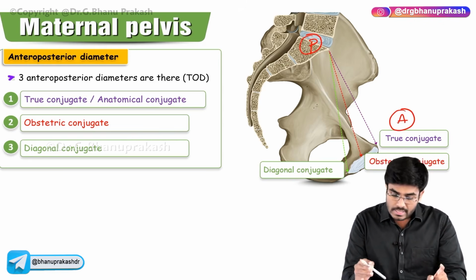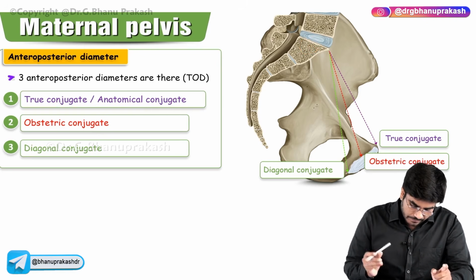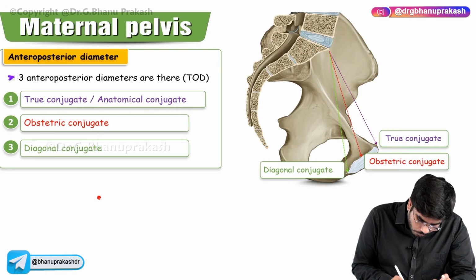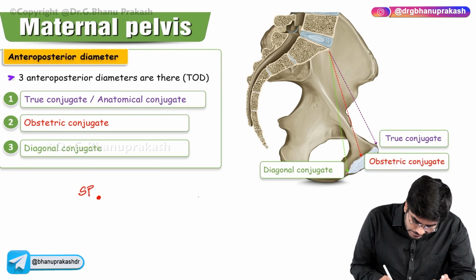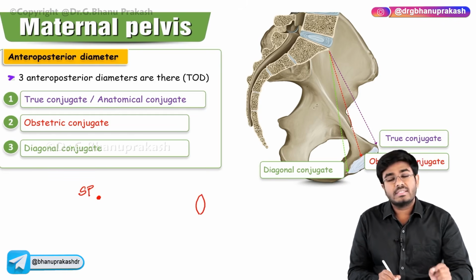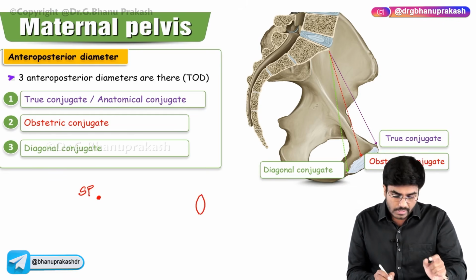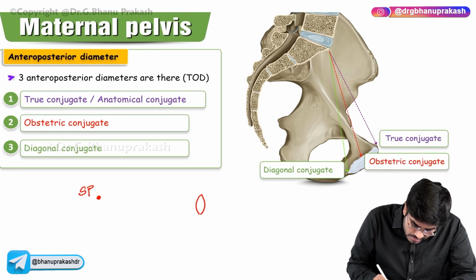But it's not. Let me tell you one thing. If this is the sacral promontory, and anteriorly there is the pubic symphysis, the pubic symphysis is not one single point. So, how many diameters are possible? One diameter is from the sacral promontory to the tip of the pubic symphysis.